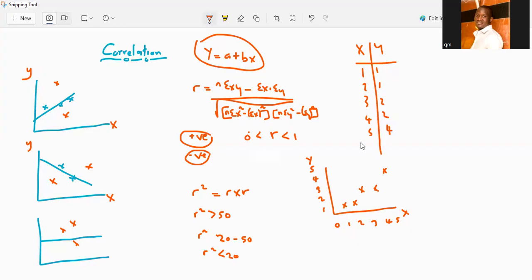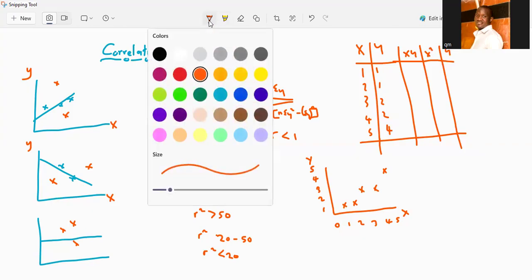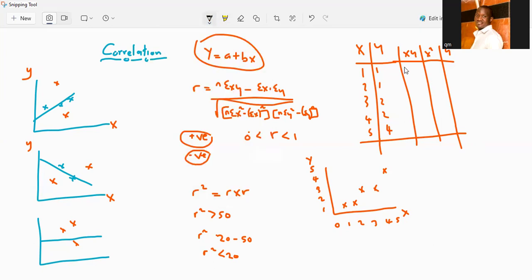Okay, then you can go ahead now and prove whether it is really positive and really strong by calculating it. So we have xy, we have x squared, and y squared. Let's fill in the blanks together. What is our x squared? So here I have 1, 4, 9, 16, 25, xy, we're just multiplying here, 1, 2, 6, 8 and 20.